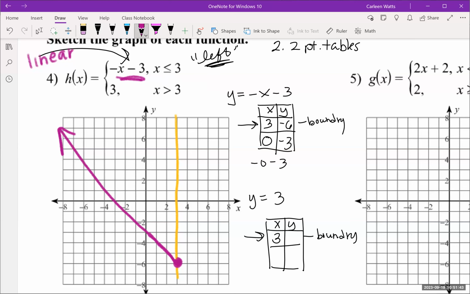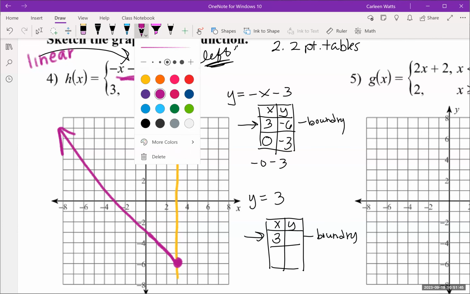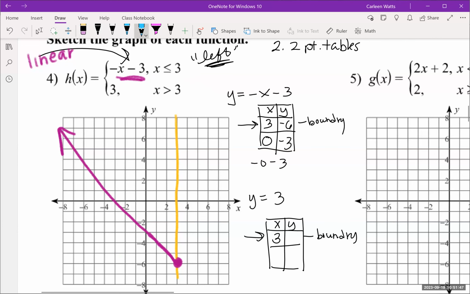Okay, let's change colors. Now we have the line y equals 3. And I'm like, oh my gosh, I don't remember. Is this a horizontal or a vertical line? And then I think of the word yeah, which reminds me that y equals is horizontal.